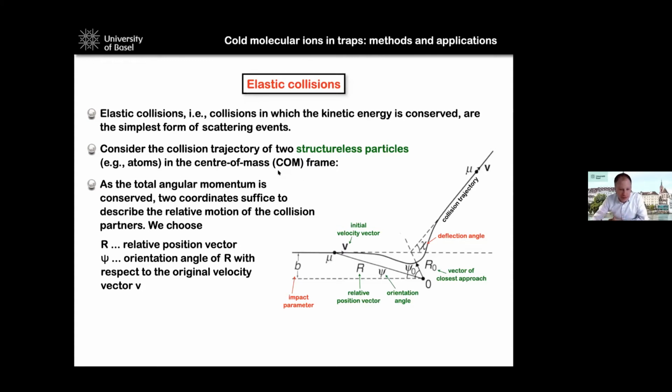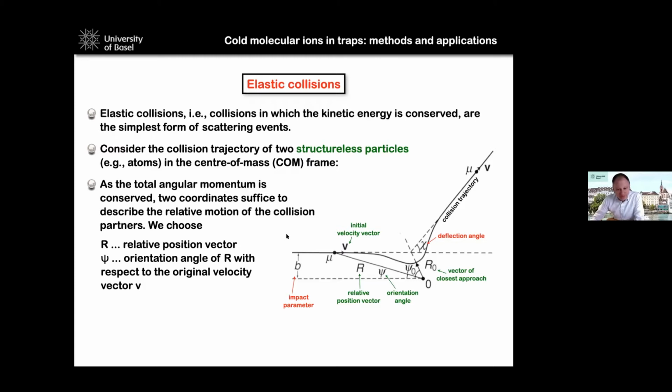We are not in the laboratory frame, but we transform the whole problem into the center of mass frame, where we separate the collision problem into a motion of the center of mass of the two collision partners and their relative motion. For the collision dynamics, what is always important is just the relative motion of the two particles.